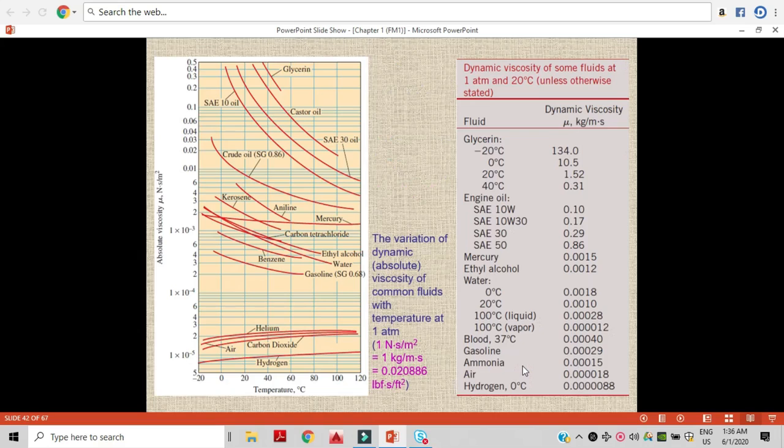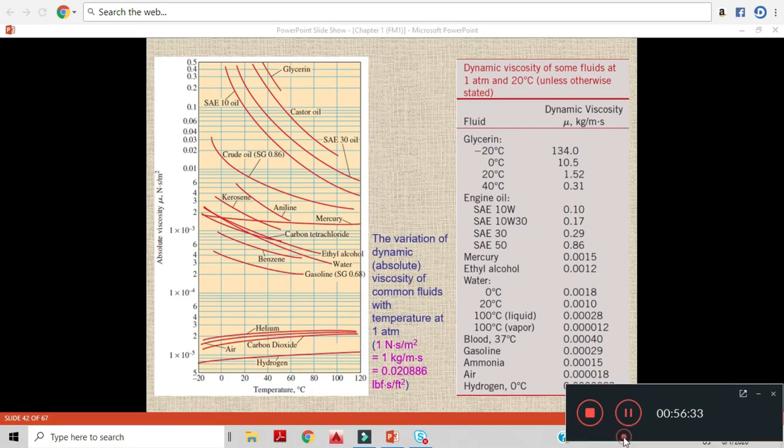Here the dynamic viscosity of some fluids is mentioned. In the top area, the viscosity of the liquids is greater compared to the gases, because the gases have this range of viscosity and the liquids have this range of viscosity.